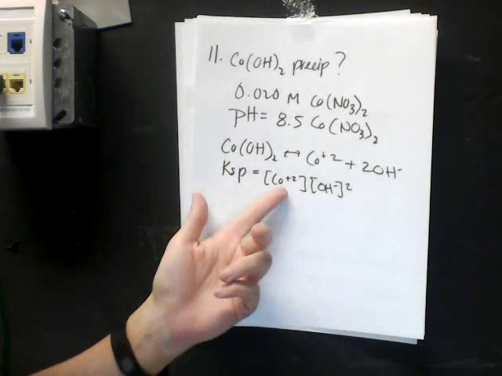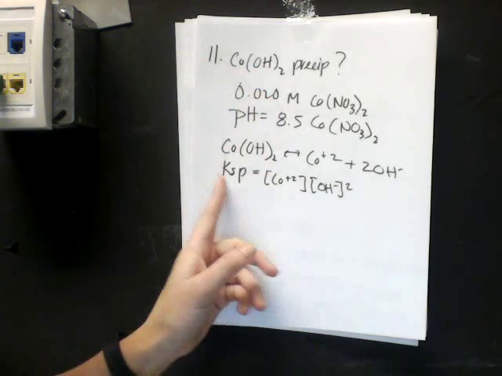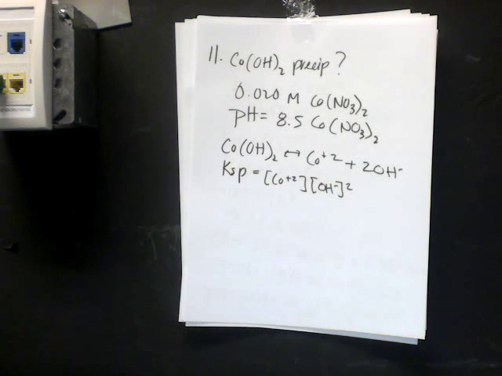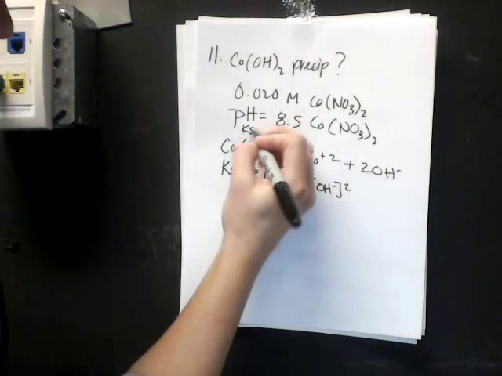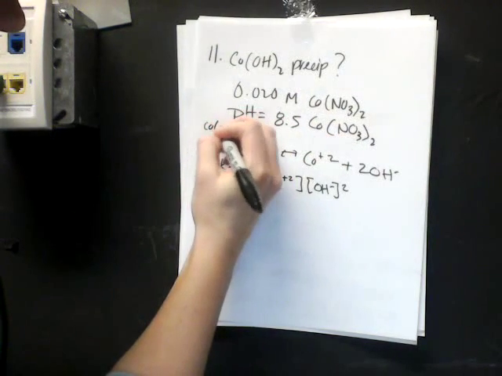Anyway, we have this Ksp we set up because we're looking to see if this is precipitating, right? So we have this Ksp split up. We found the solubility product constant. Now, what we're going to do is set this whole thing to Q. In this problem, they gave me in parentheses, Ksp of cobalt hydroxide is 1.3 times 10 to the negative 15th.